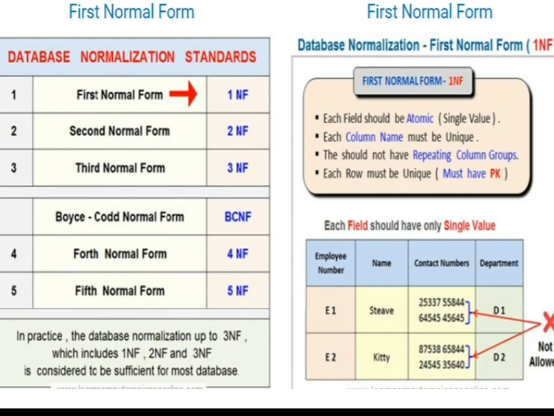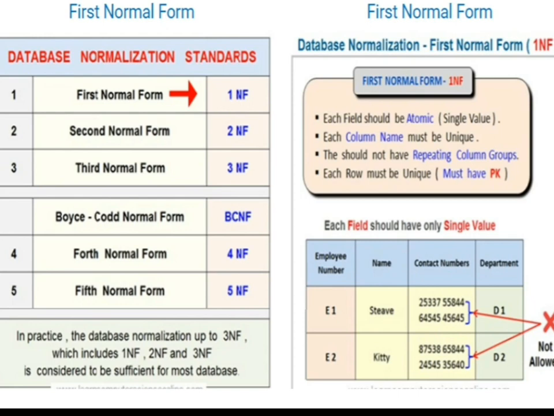The first normal form is the normal form which is applied onto the table. It has certain rules. Number one, each field should be atomic, that is a single value.